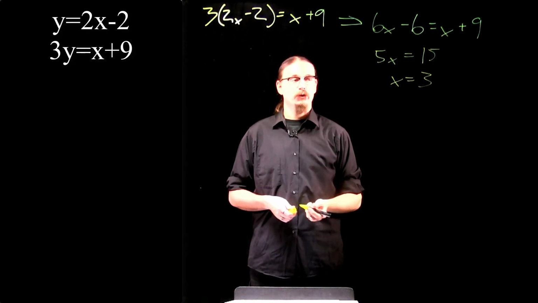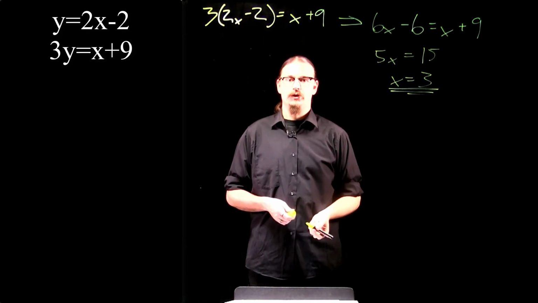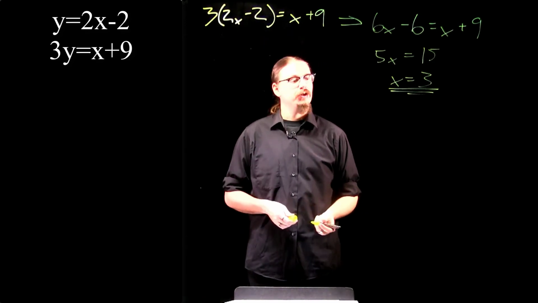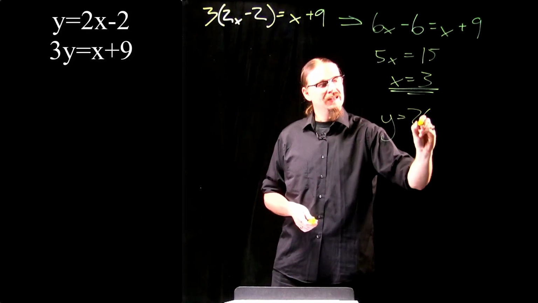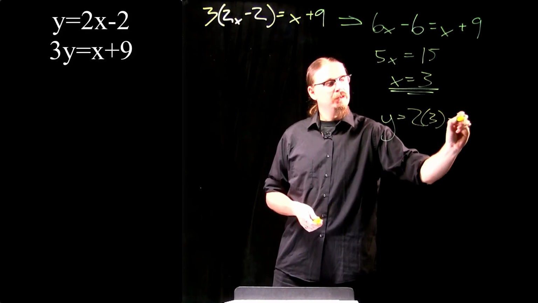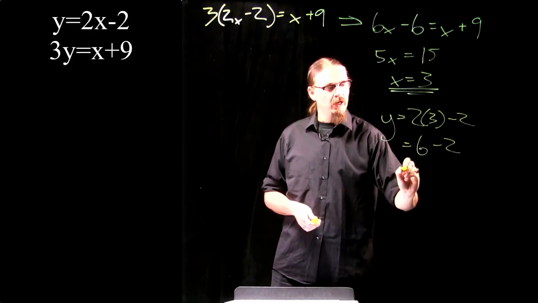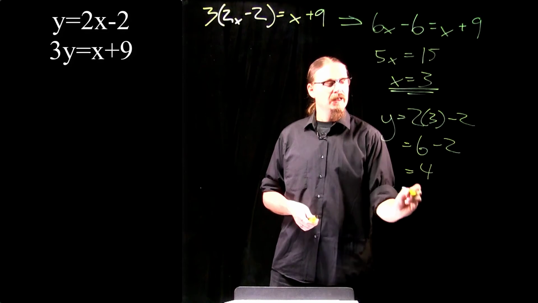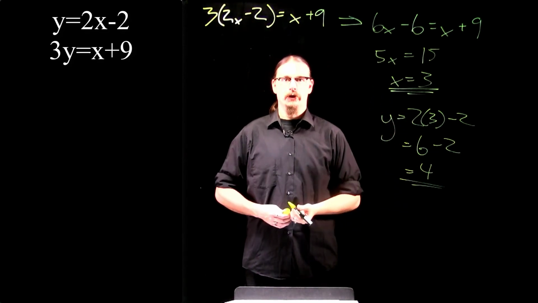Now the last step is to take that x equals 3 and plug it back into our first equation, y equals 2x minus 2, and we'll be left with y is equal to 2 times 3 minus 2, or 6 minus 2, or 4. And there we have, once again, x equals 3, y equals 4.